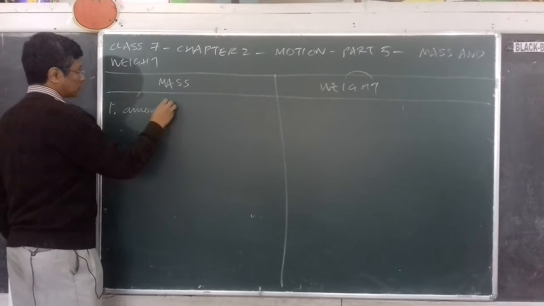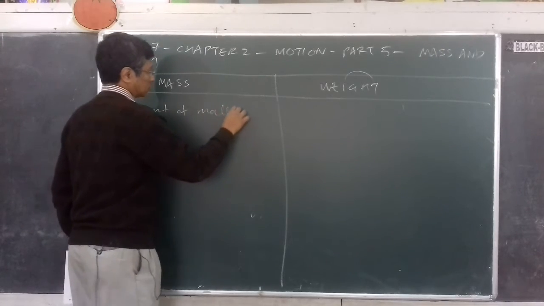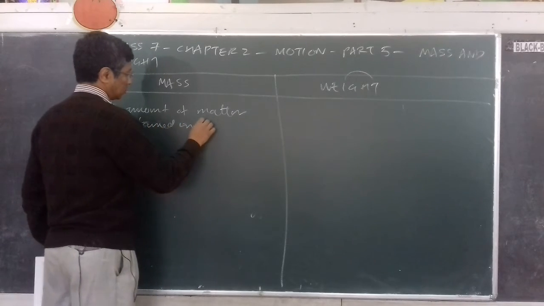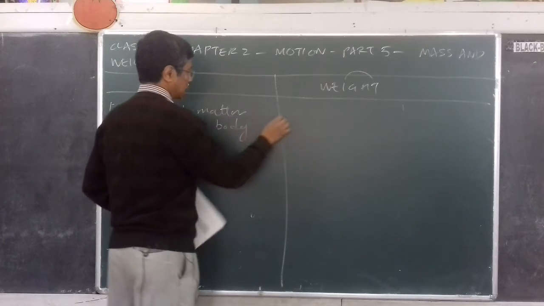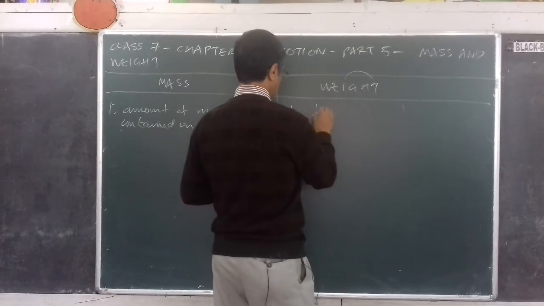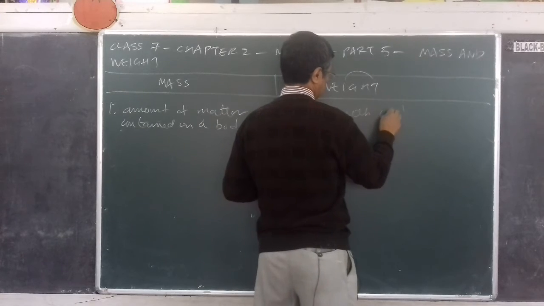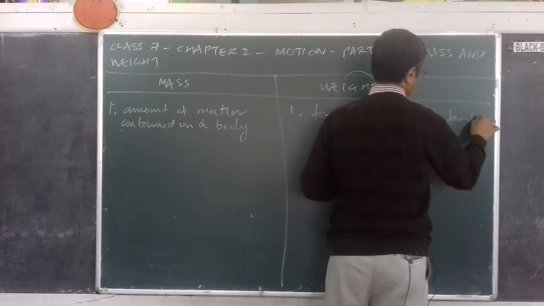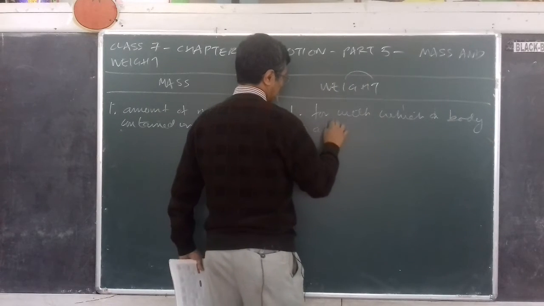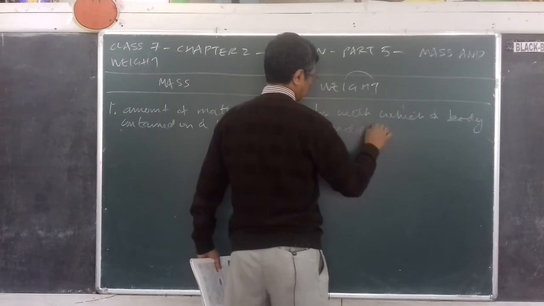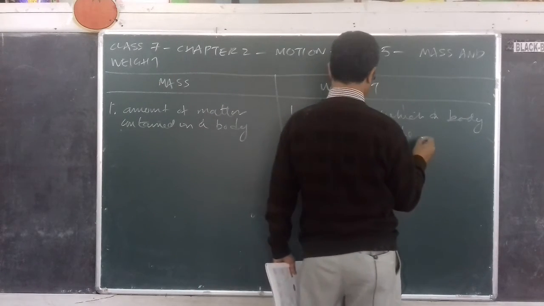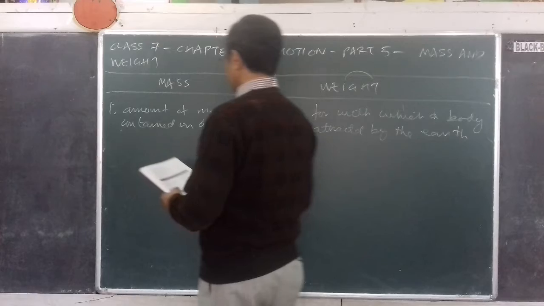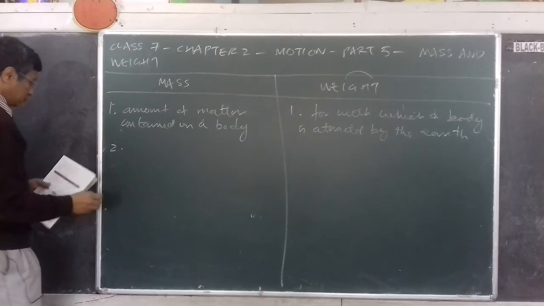Mass is the amount of matter contained in a body, whereas weight is the force with which a body is attracted by the earth. So this, as you know, is the definition by itself.